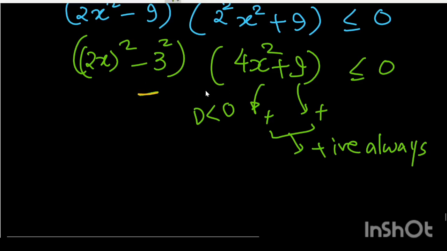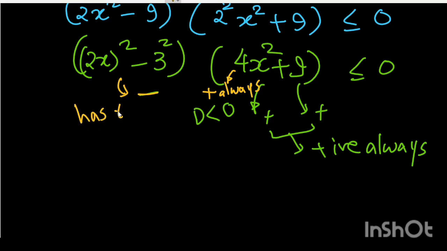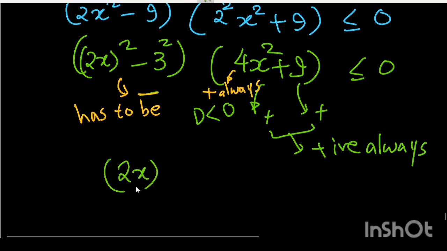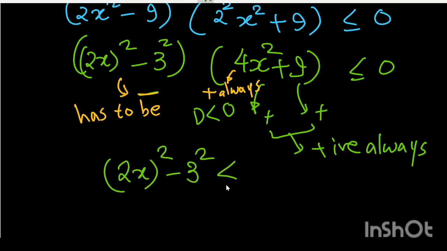And this is positive always, the second factor. So the first one has to be negative. So in the next step, what we can write is 2x whole square minus 3 square less than equal to 0.